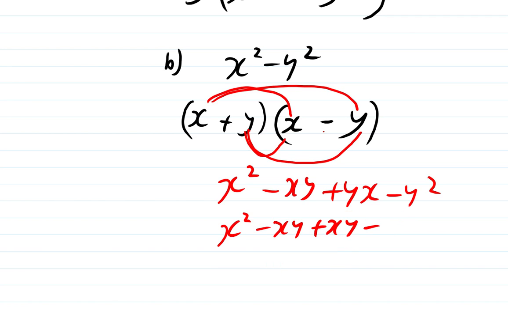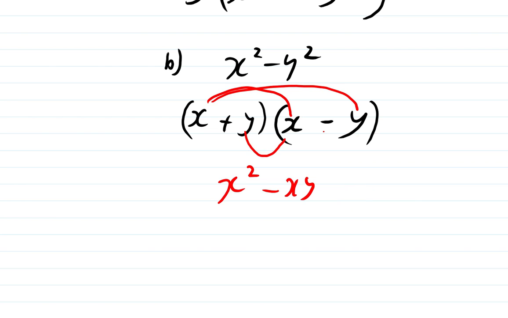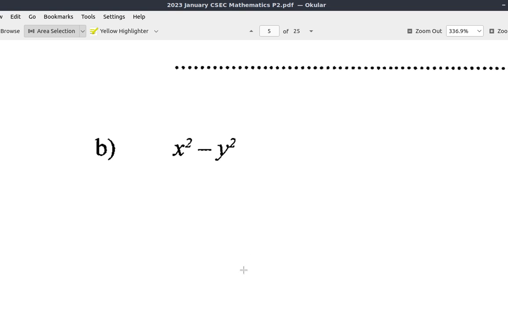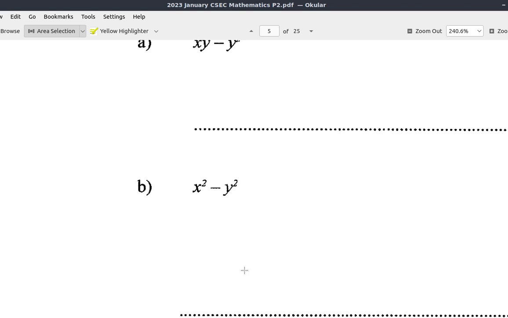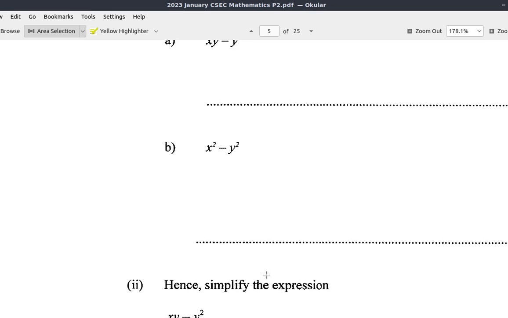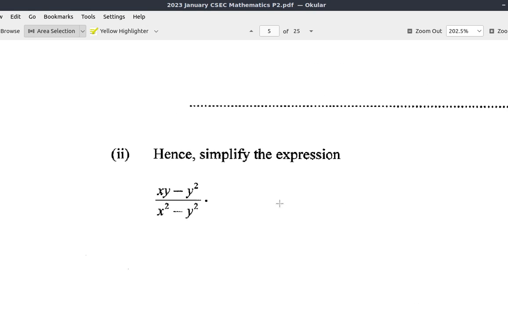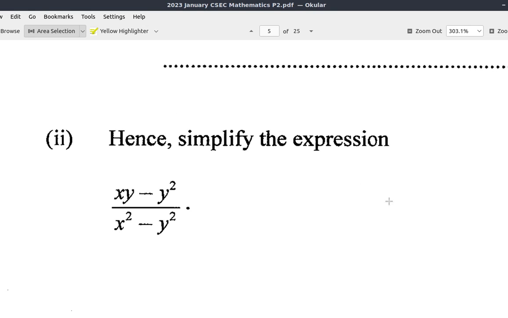Alright, now what you're going to do is look at the next part of the question and see what they're asking for. They say, hence, simplify the expression.